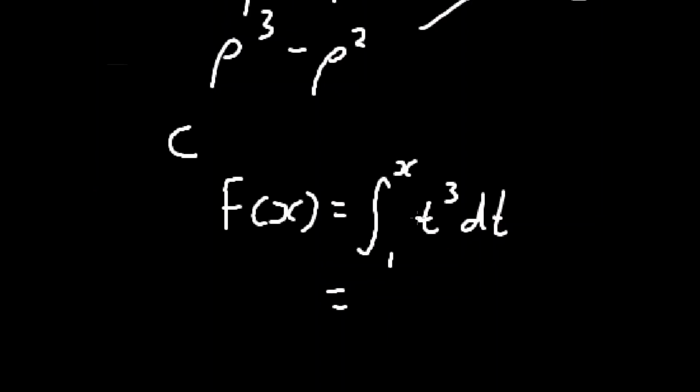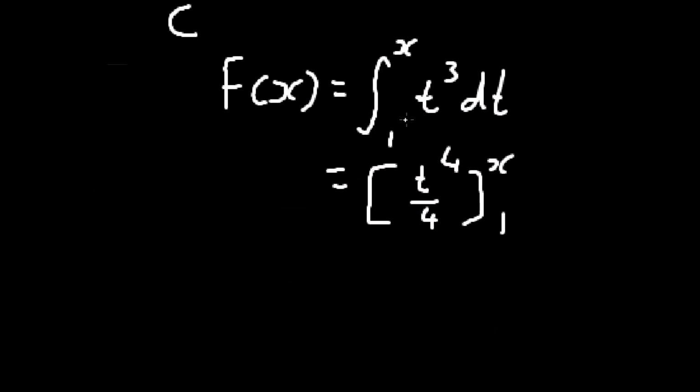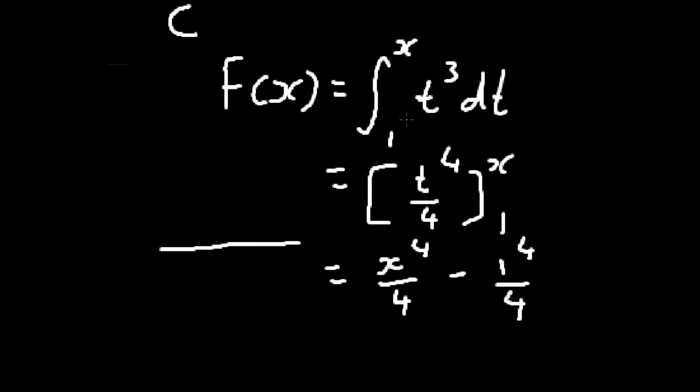So if we go ahead and integrate it, then we get t to the power of 4 divided by 4 from x to 1. And then we decide to differentiate it. If you notice, there's the one component of it, which is the x, and then there's this other component, which is a constant. When you find the gradient of a constant, what's the gradient of a flat line?